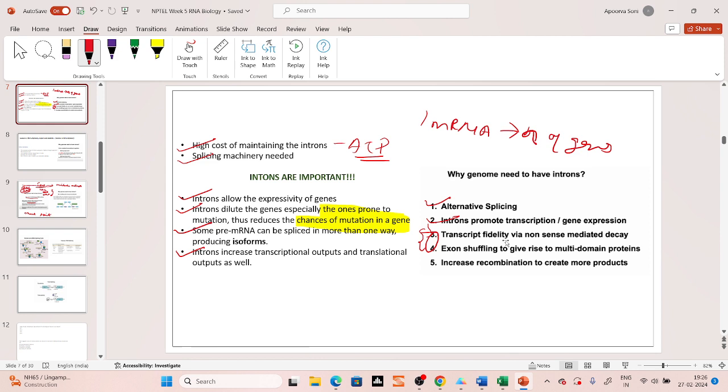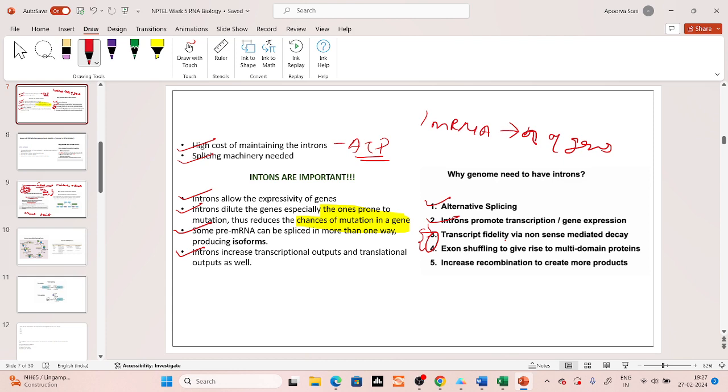It does not have any regions or sequences which are not needed. It is completely error proof, it is not error prone. So how proper your mRNA is, that properness is maintained with the help of nonsense mediated decay. Then the fourth point is exon shuffling and increased recombination.